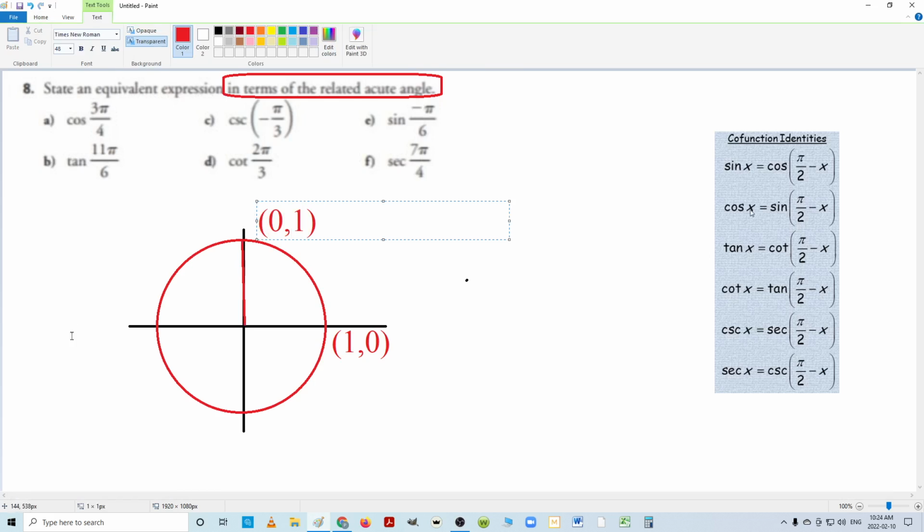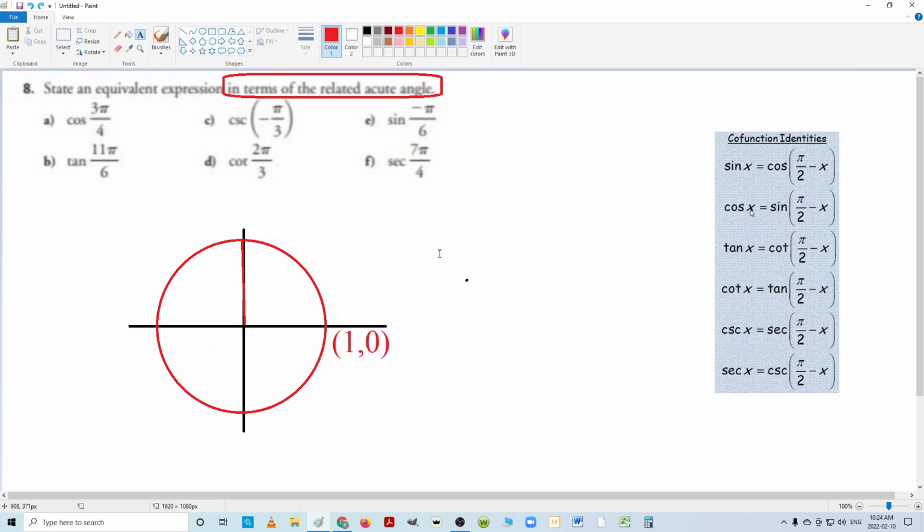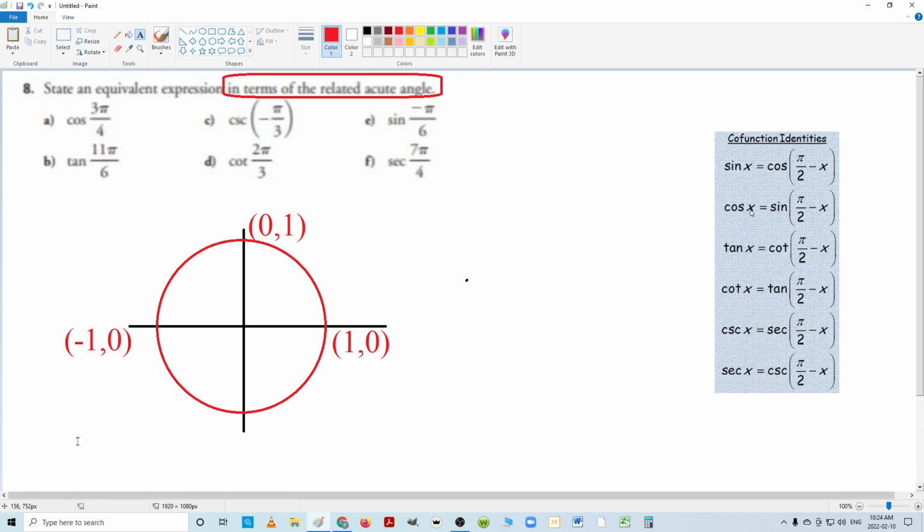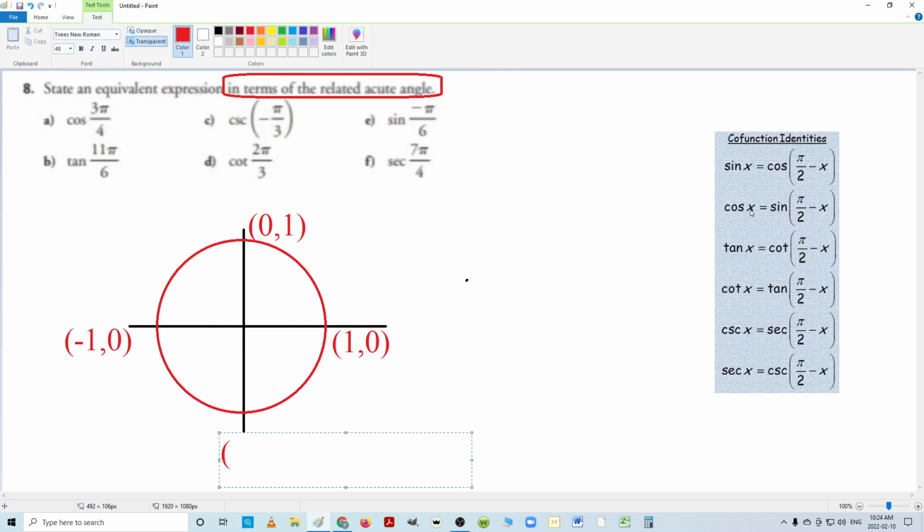And as I go around these points with the arm, the points become clear. Actually, I just want to get rid of that red line in there. There we go. So here I would get 0, 1. Now here I'm moving to the left, so I get minus 1, 0. And that's going to explain a lot of the CAST rule, so I'll get to that in a second. And of course down here I have 0, minus 1.